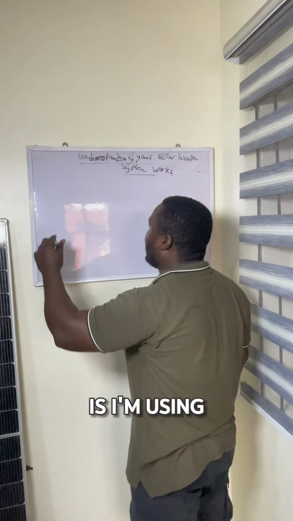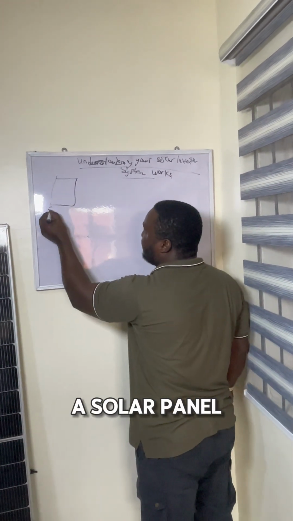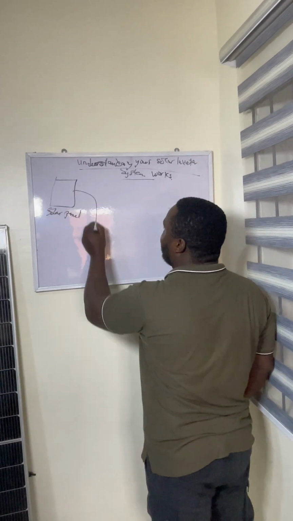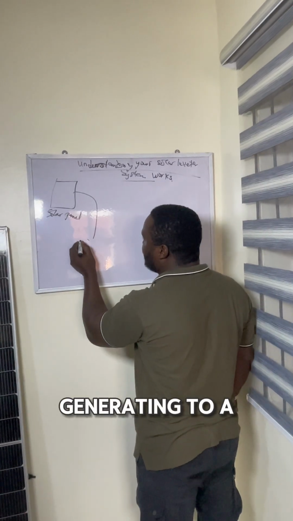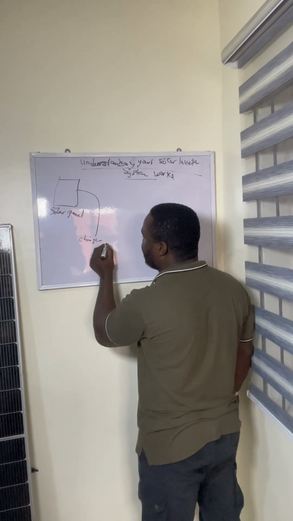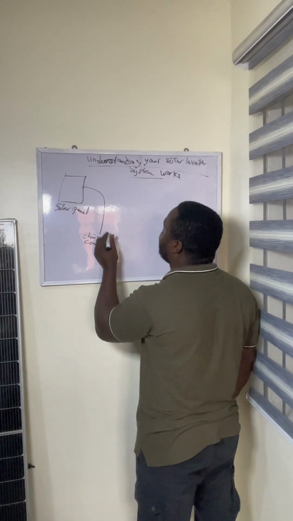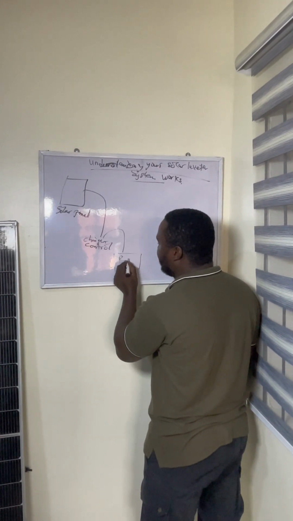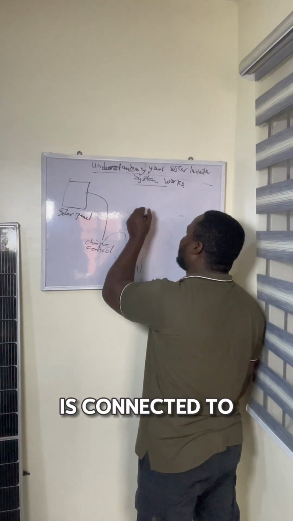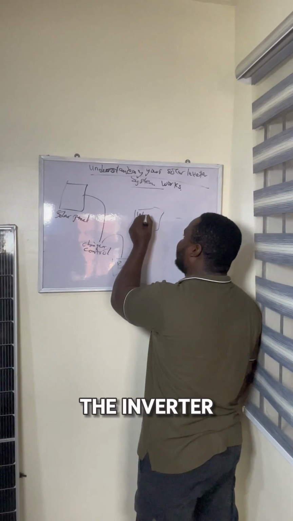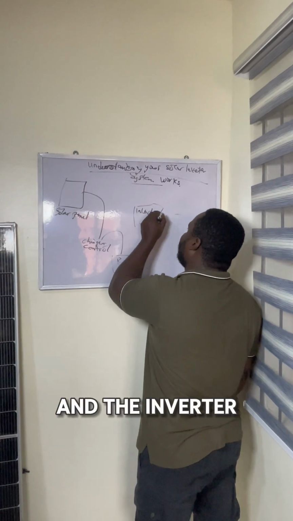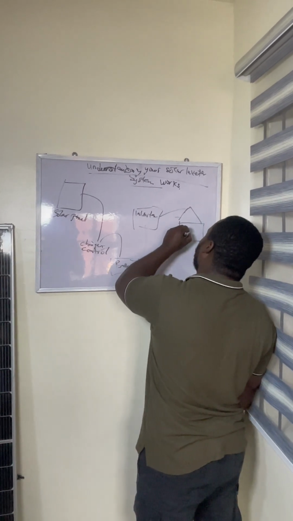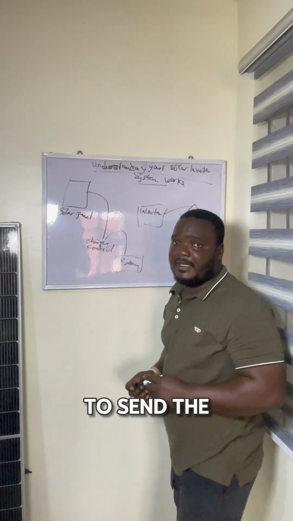What it means is I'm using a solar panel, sending what I'm generating to a charge controller, and the charge controller takes it down to the battery, and the battery is connected to the inverter, and the inverter sends it to the house, office, wherever you want to send the energy to.